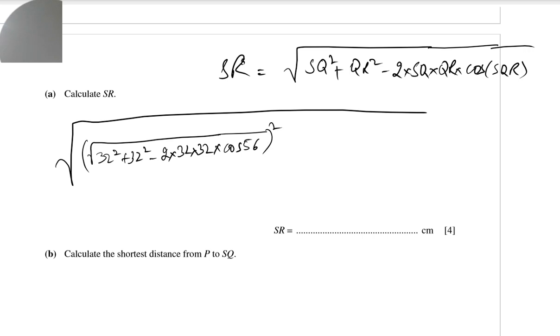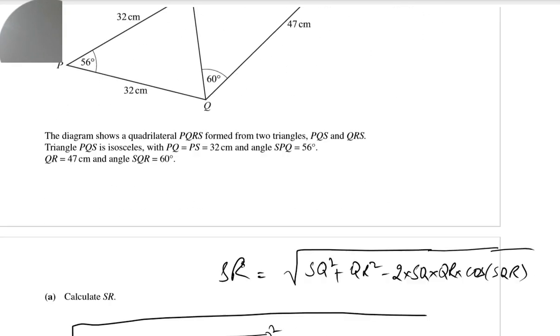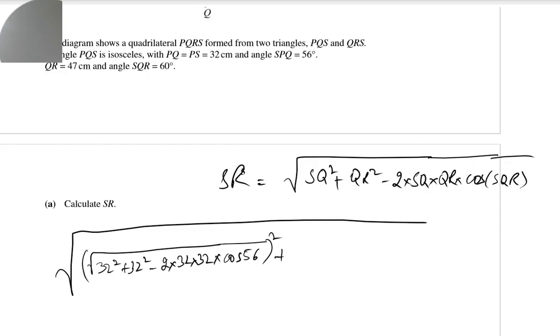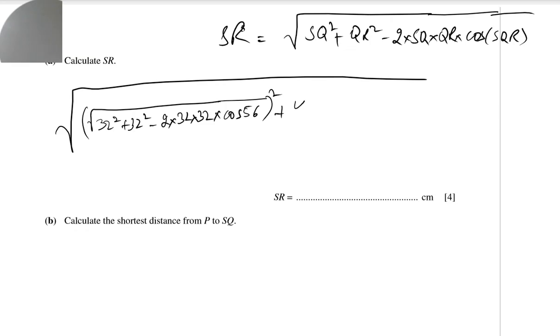So this entire thing is our SQ, plus QR, that is 47, 47 squared minus 2 times into again the entire square root 32. Yes, definitely it was better that you should have done it separately because it's too messy.